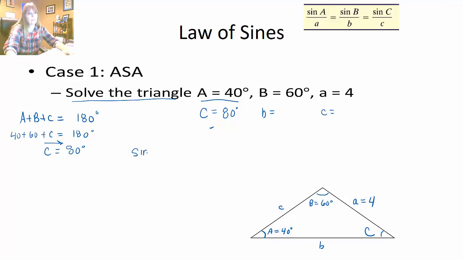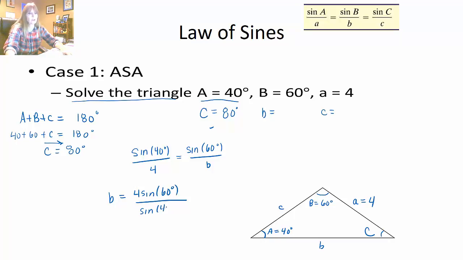Setting up that proportion, I will have sine of A, 40 degrees, over little a, which is given, equals sine of B, which was given, over little b. Now I can simply do algebra and solve for little b. So little b equals 4 sine 60 degrees over sine 40 degrees, and please, when you put this in your calculator, be sure you're in degree mode. Good answer. You should get something like 5.39.